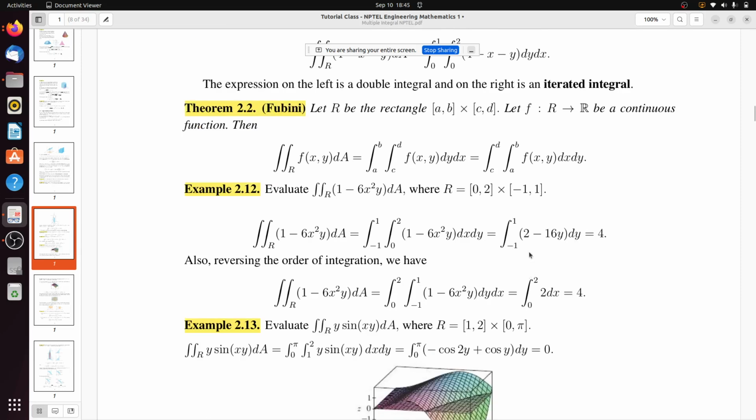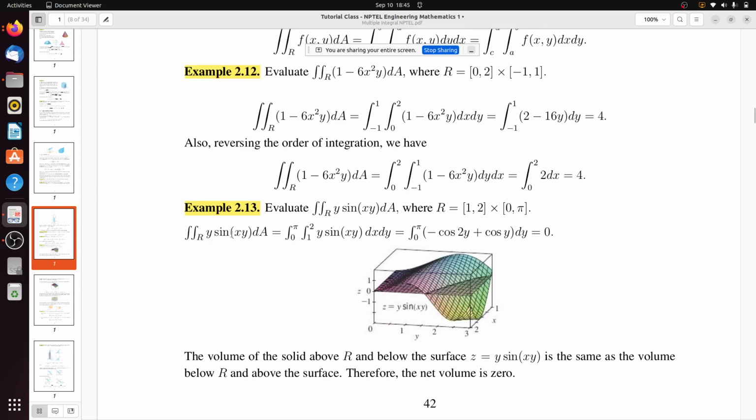This type of swapping of integral limits, whether you integrate with respect to dy first or integrate with respect to dx first, make this decision upon which type of integral is easier to compute.